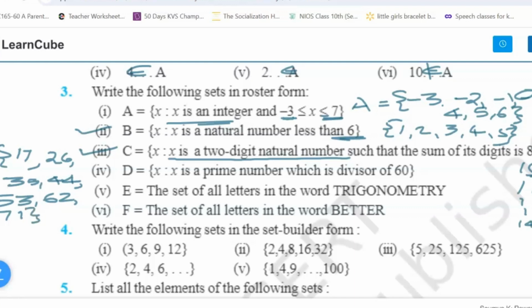Also you can include 80 in this list. But not 8, because 8 is a 1-digit number and this is a 2-digit number. This again gives you 8 as the result.